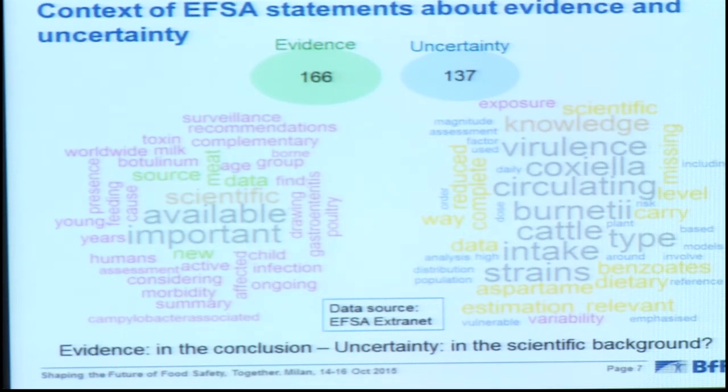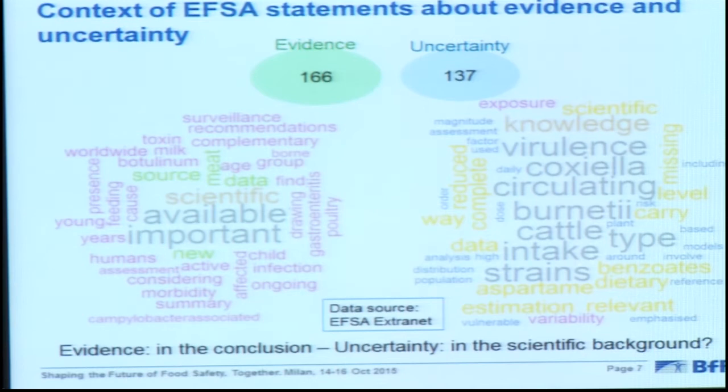We find something about infection and other morbidity, which reflects that the term evidence has been used in a kind of conclusive statement about a risk occurring in a population with regard to a defined endpoint.